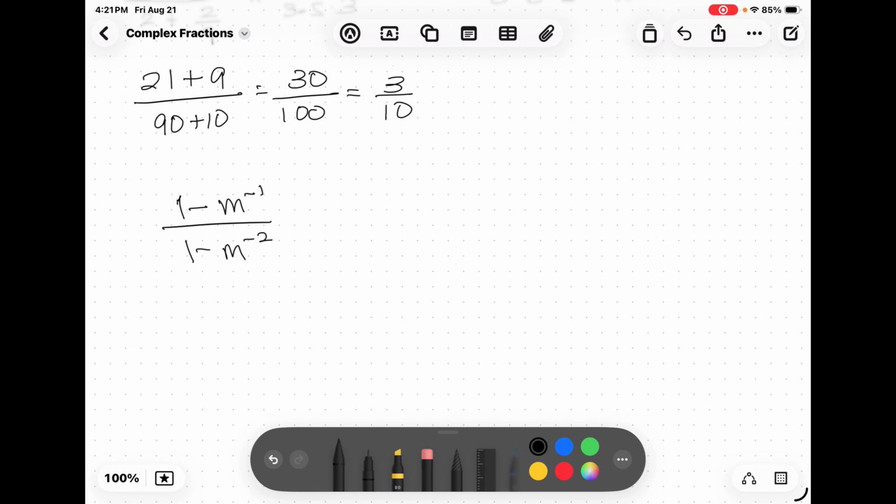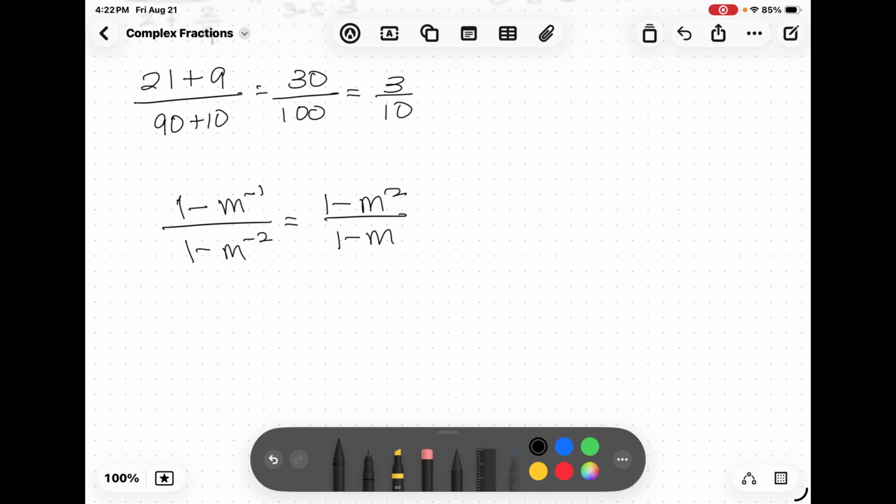So the complex fraction is hidden in here, right, by the negative exponents. Be careful with this. Someone might want to go 1 minus m squared over 1 minus m. Do you want to do that? Can you imagine why someone would want to do that? It's not correct.